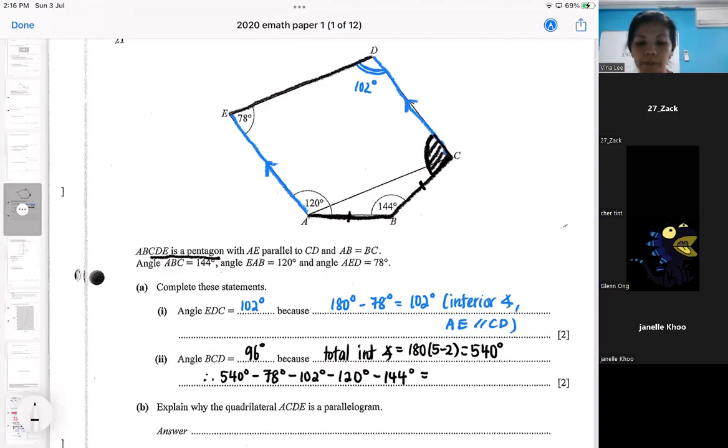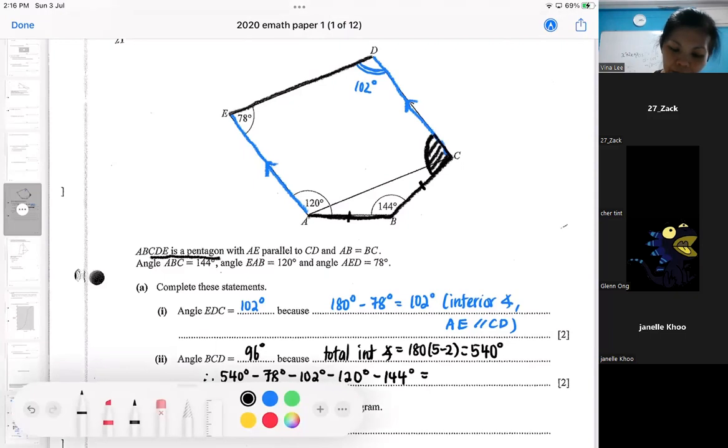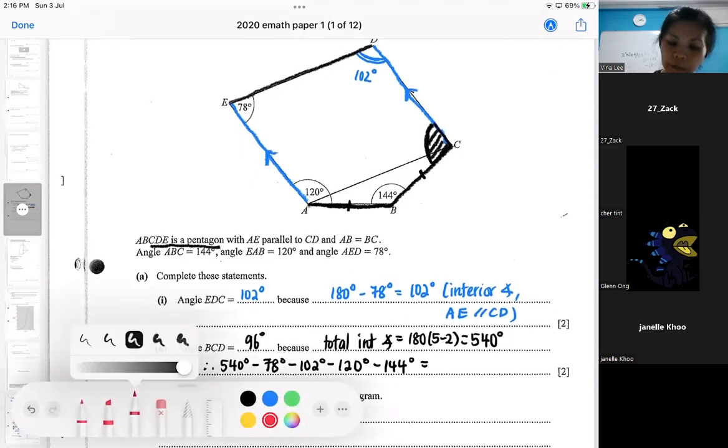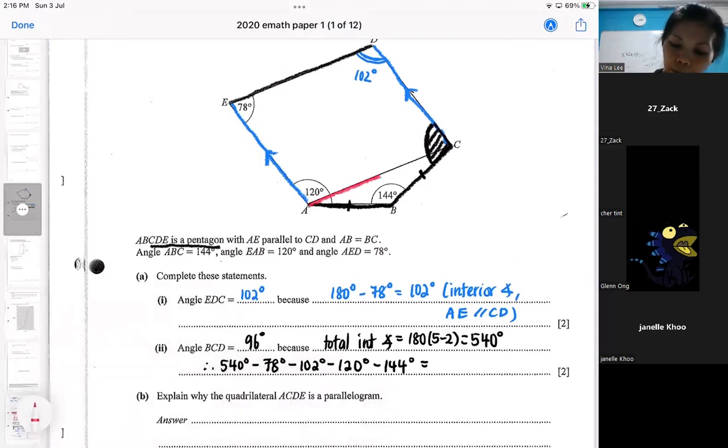Next, I have to explain that ACDE is a parallelogram. In other words, I need to prove these two lines are parallel. This is where you mention the isosceles triangle.